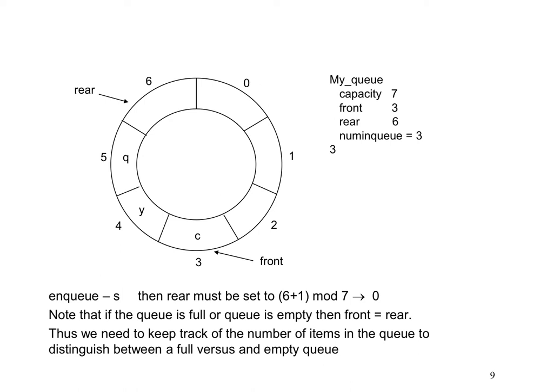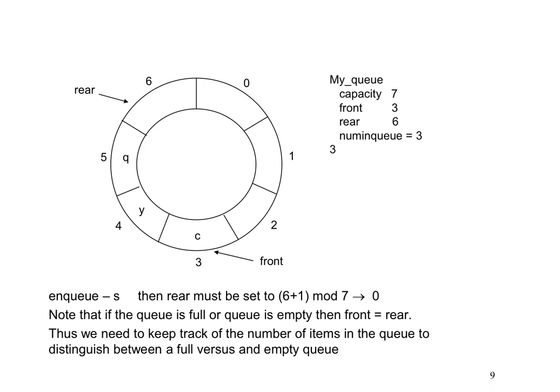As the queue moves around this circular array, eventually the same thing will happen with front. Front will be here. And then when we take something off, we'll move the entry in this slot out, and then we have to increment front. Now it'll be 6 plus 1 mod 7, and front will then point to the next one.